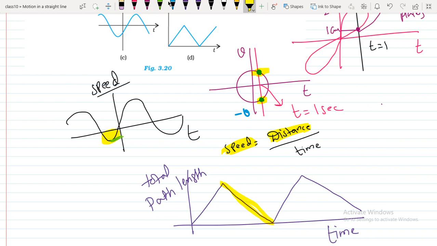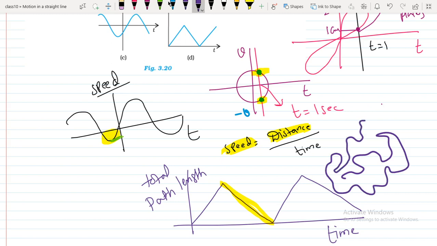Length never decreases as time increases. The total path length always increases, it is never decreasing. So the fourth graph also won't represent a particle moving in one dimension.